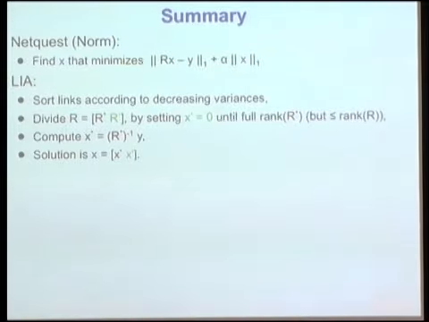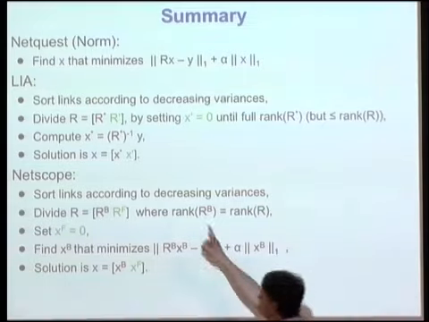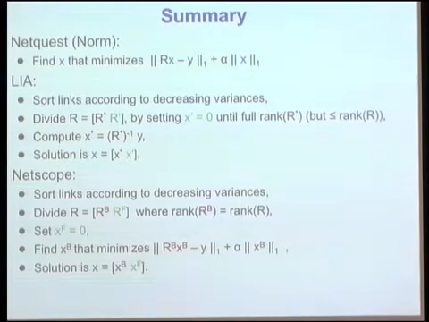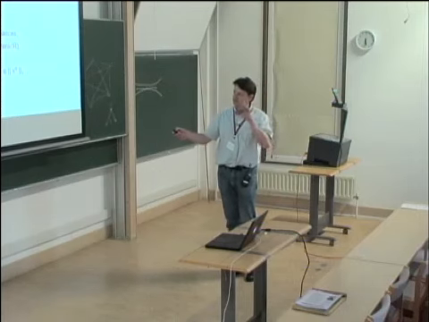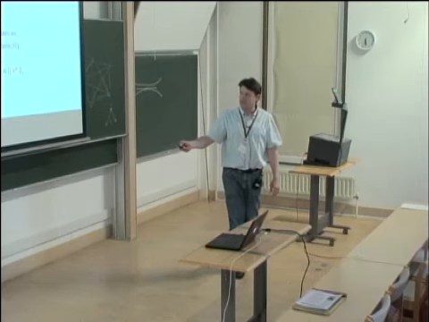And the third one, which is a kind of mixture between the two, would be to still look at links, sorting them according to decreasing variances to get real information from what I get in the network, and then to use these decreasing variances to order the links in such a way that the links with the highest variances appear in general here, but not always. I keep them so that the rank of this matrix here remains equal to the rank of the other matrix. Then I set all the unknown variables here to 0, and I solve.